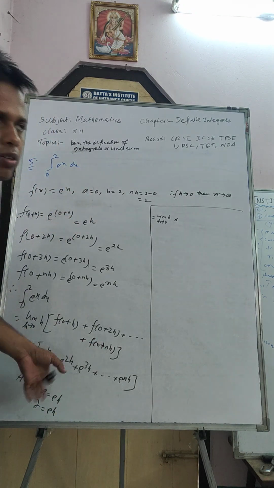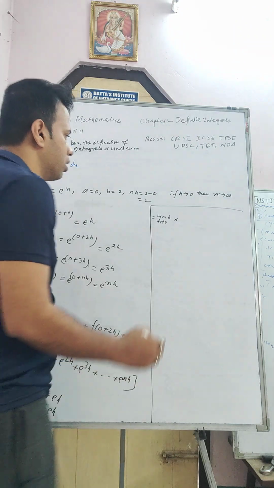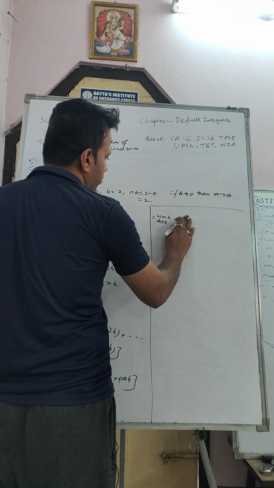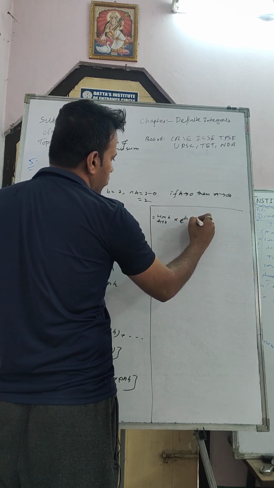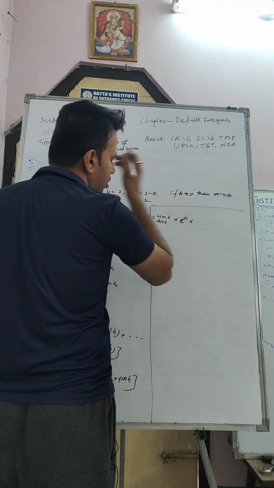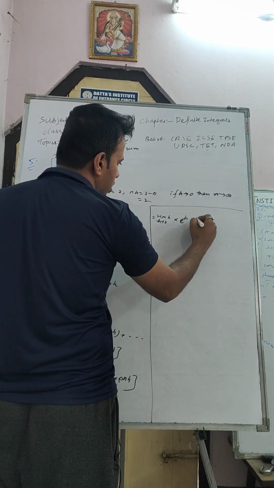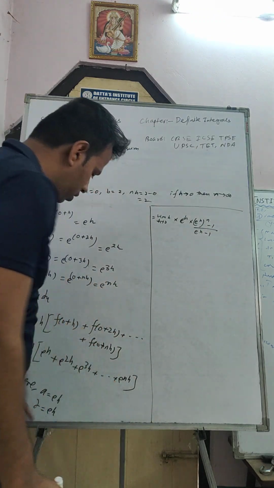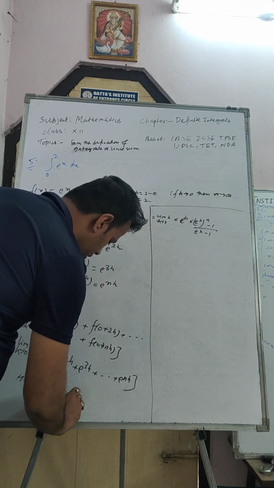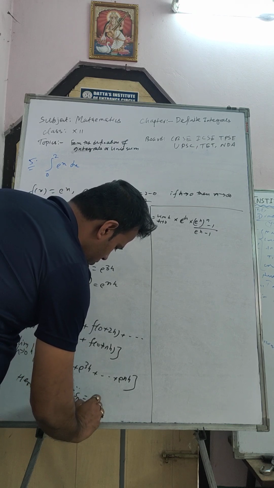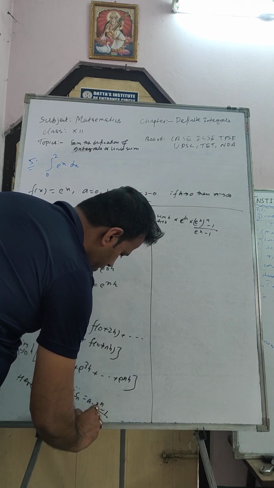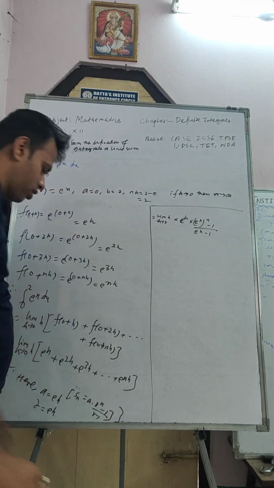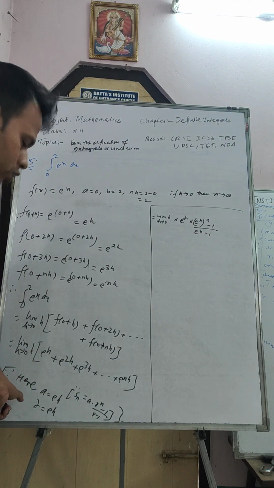So we use the formula of a geometric progression: Sn equals a into (r to the power n minus 1) by (r minus 1). This is the formula I am using here.